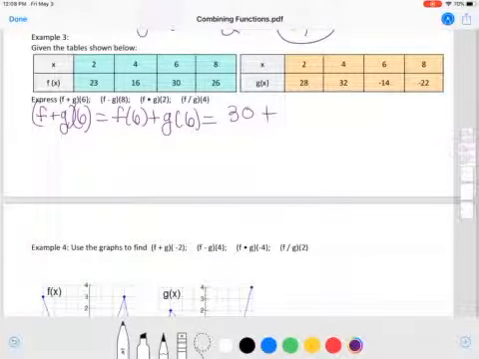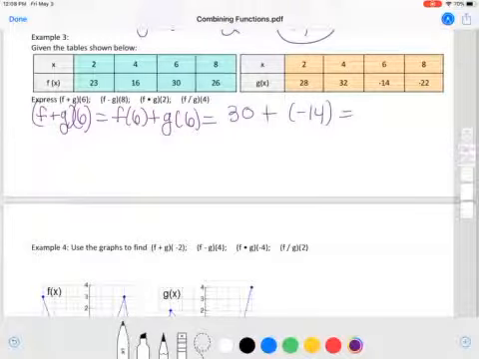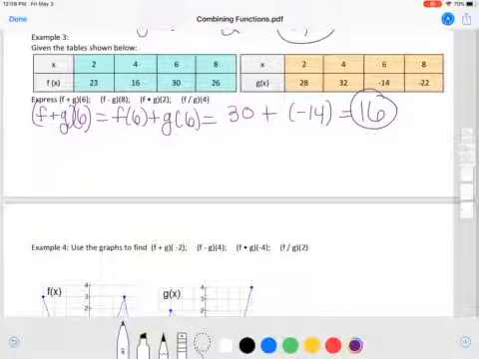Now I want to do the same thing with g of 6, but now I'm looking at the table that's the yellow color because we're looking at our g function. When x is 6, g of x is -14. So g of 6 is -14. When I add those together, I get 16. So f plus g of 6 is 16.